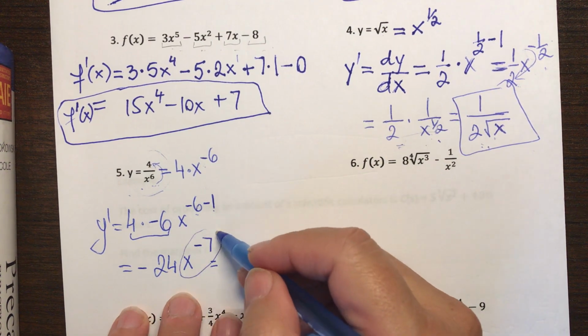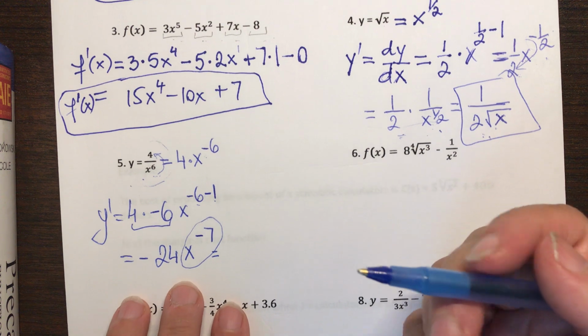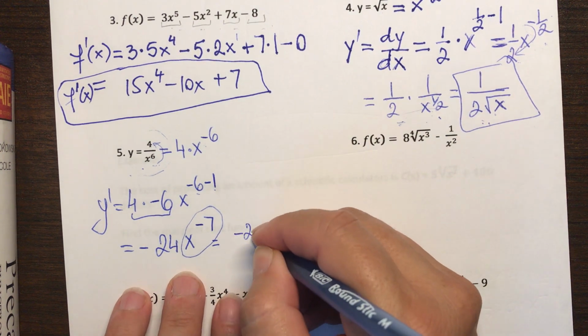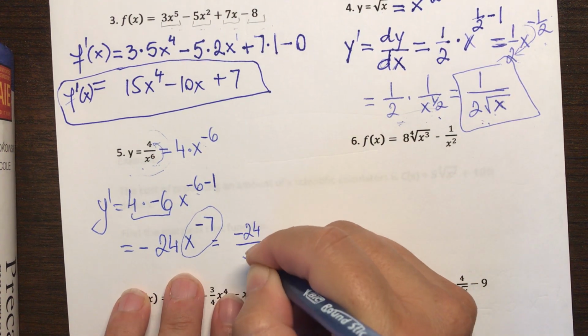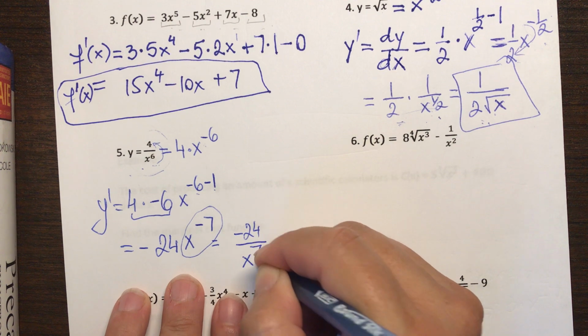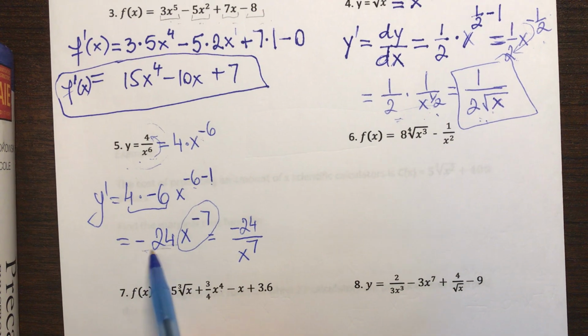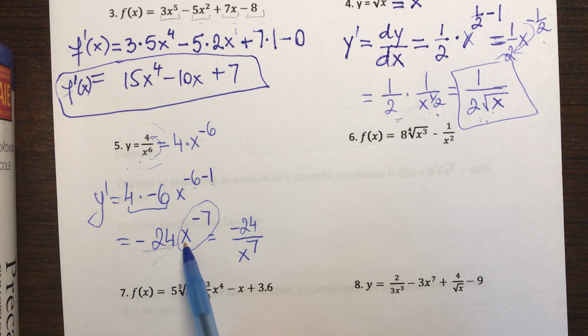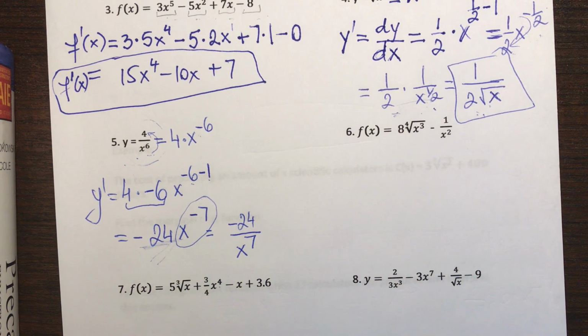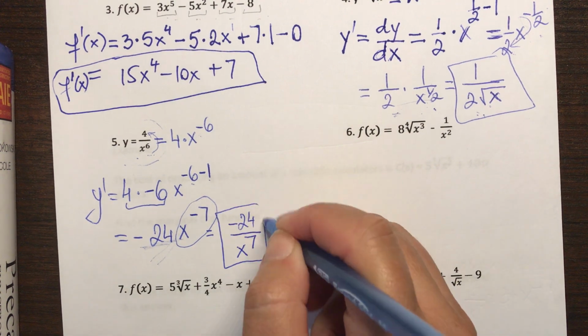Now, this is an expression that has a negative exponent. The negative exponent has to be fixed, so it gets thrown under the negative 24 coefficient, right? The negative 24, that's not a negative exponent, so it stays as a numerator number, yes? The x to the negative 7 has to move to the bottom.